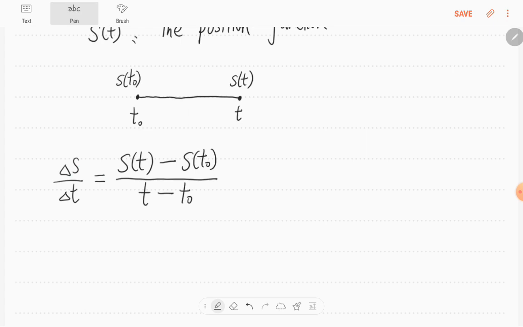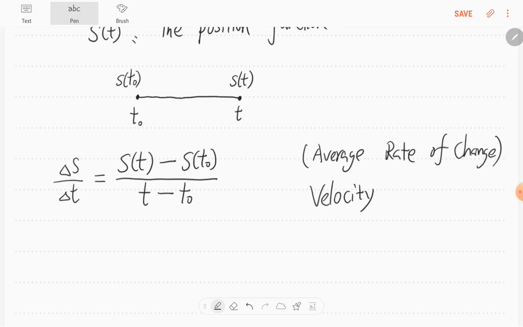So actually this is the average rate of change. It's actually the velocity we have learned in physics, which is actually the average velocity.